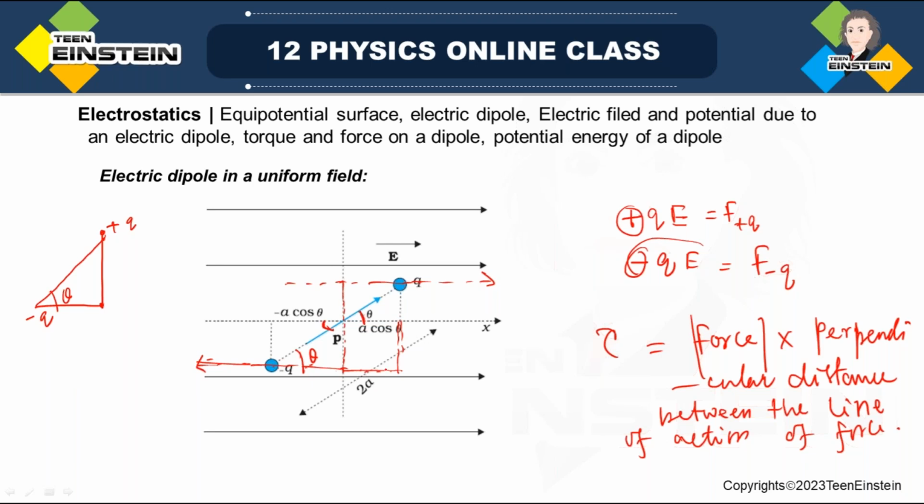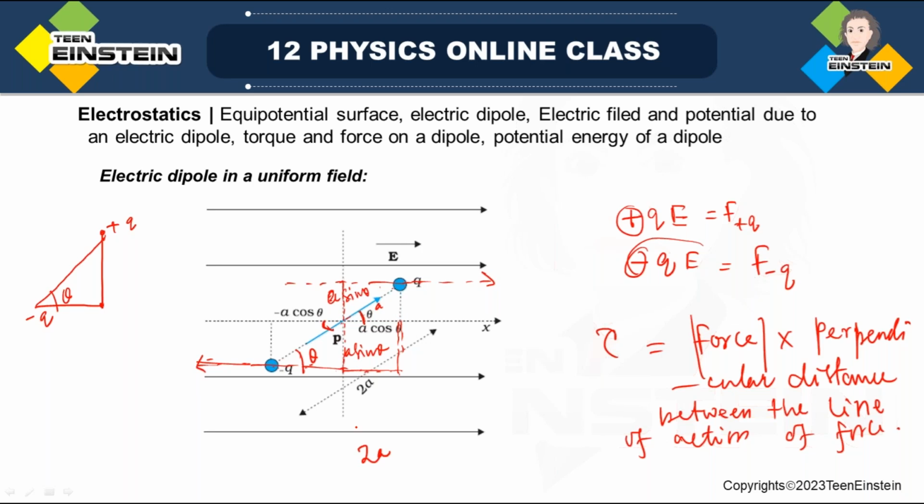Since this has length 2a, the perpendicular distance will be 2a sin theta, because 2a is the whole length, so this is a, and this gives a sin theta, and this also will be a sin theta.